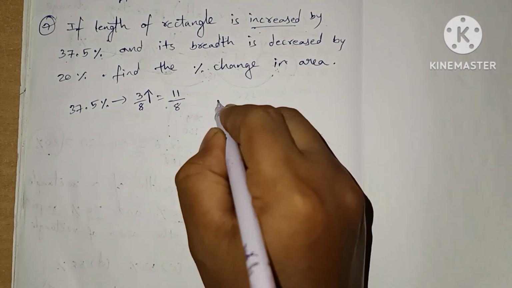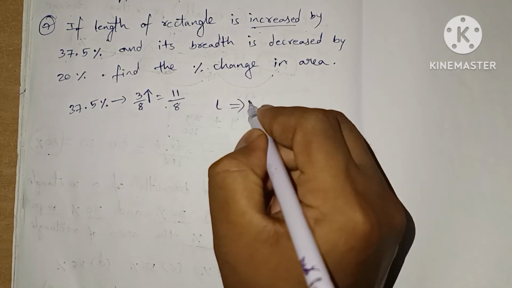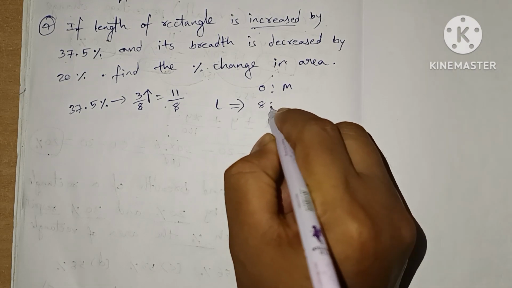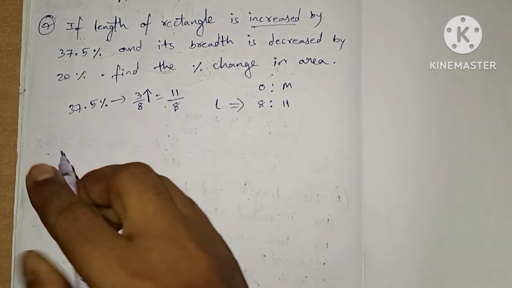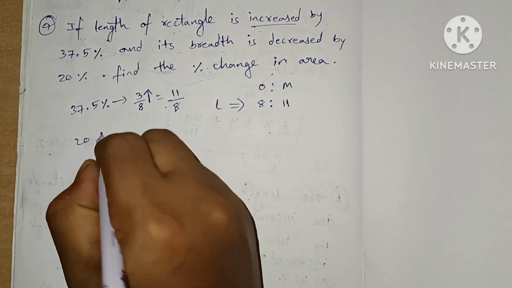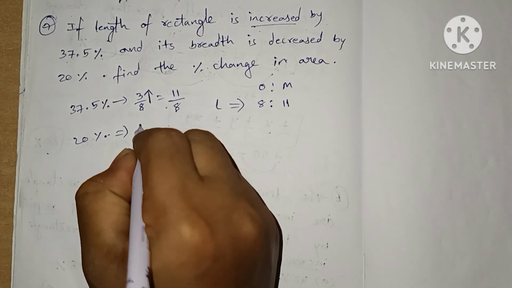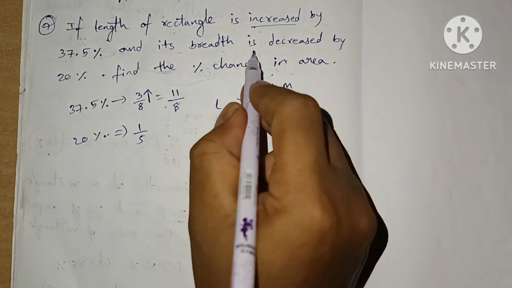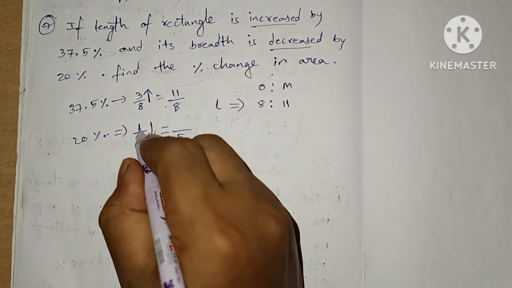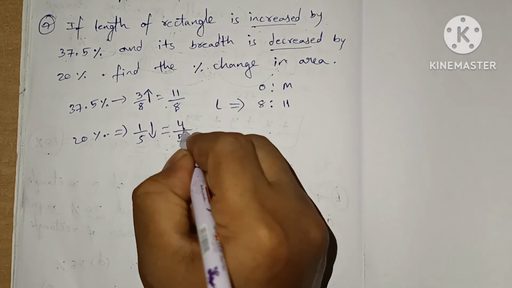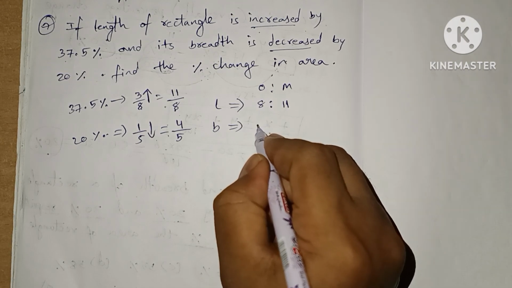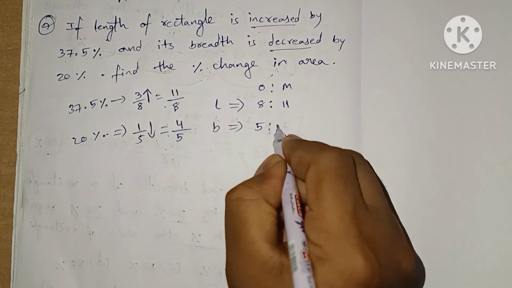So the length, original to modified, is first original length 8, now it becomes 11. And its breadth is decreased by 20 percentage. The fraction value of 20 percentage is 1/5, and since it is decreased, initially it is 5, now 1 is decreased, so it becomes 4. The breadth ratio is initially 5, now it becomes 4.